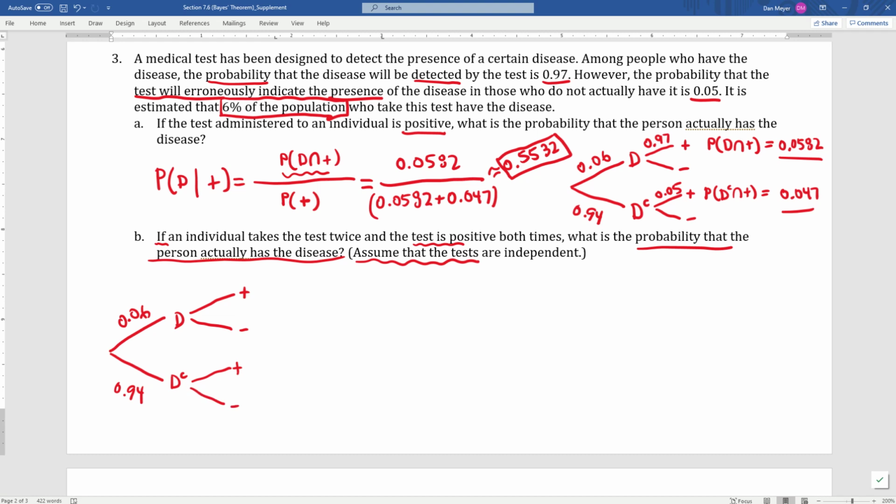Now we're just focused on the people who get a positive result twice. So there's a second test where the results of the second test can also be positive or negative. Because again, this test isn't 100% accurate. It might give you different results.